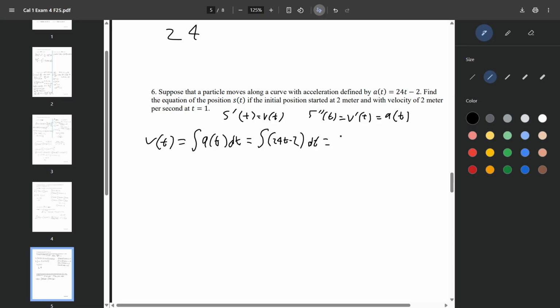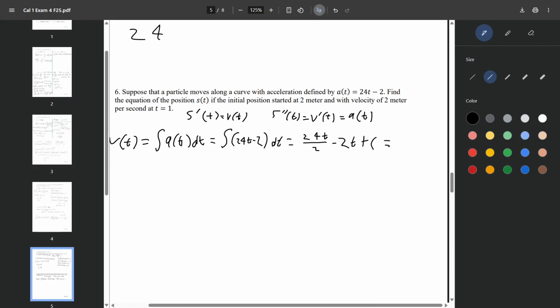That'll equal 24t divided by 2 minus 2t plus c. I almost forgot the square, sorry about that. The new power will be 2 for this one. So our v of t will be 12t squared minus 2t plus c.